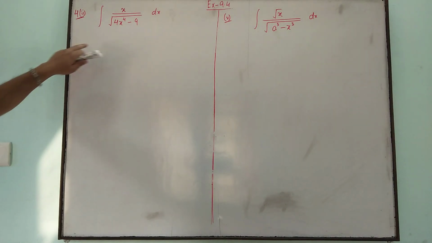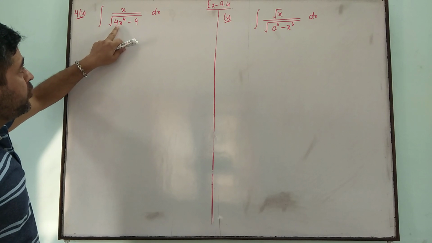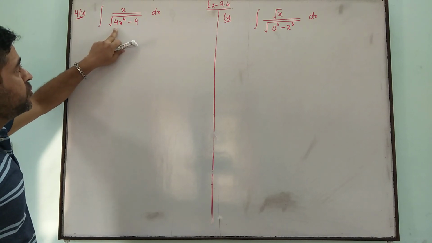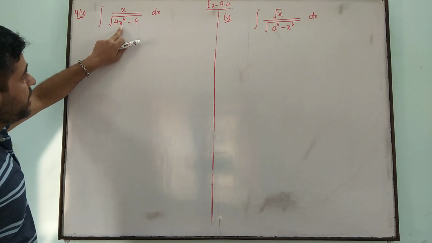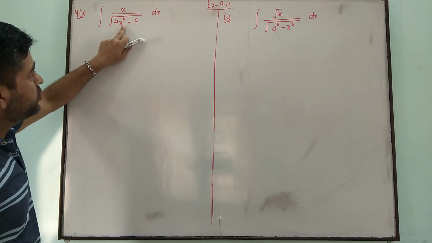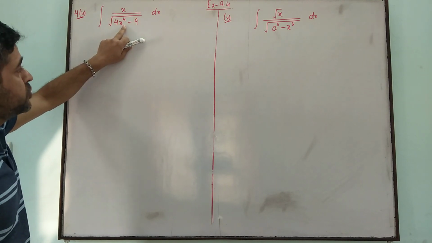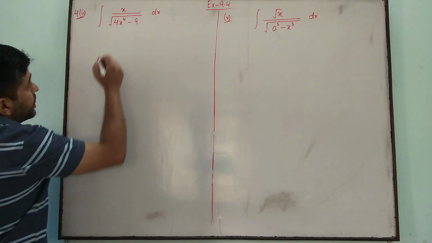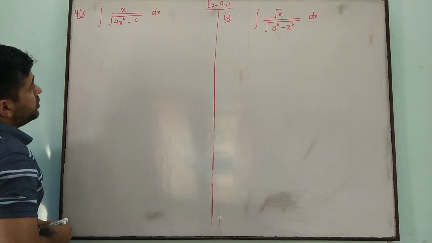Fourth question: we have x in the numerator and the square root of 4x to the power 4 minus 9 in the denominator. For x to the power 4, first write (x square) whole square, then put x square is equal to t.